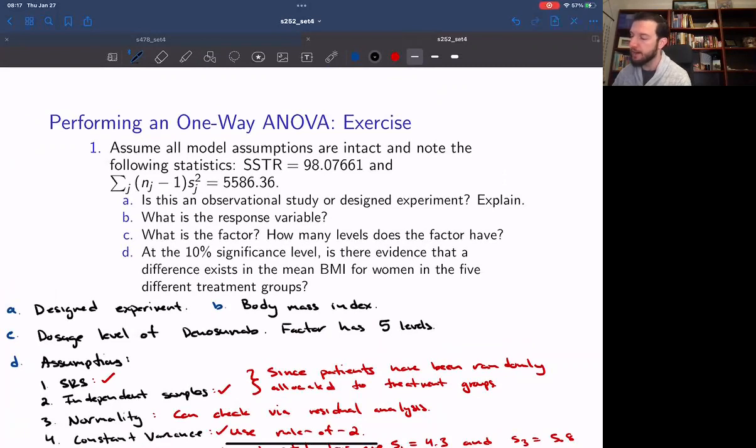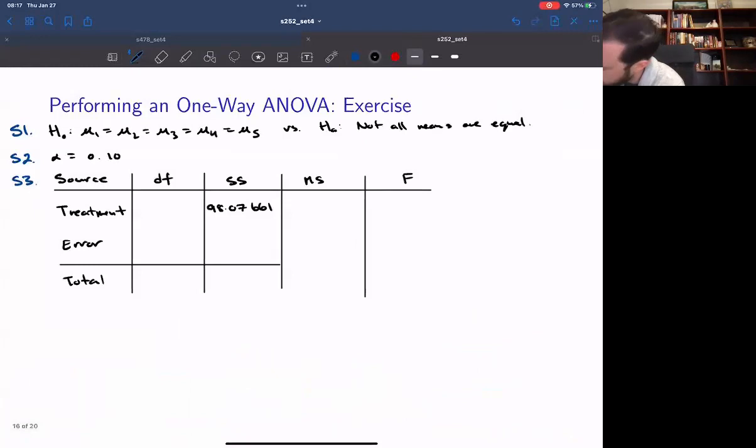So this value here, 5,586.36, that is the sum of square error. Right. Okay, so adding these two numbers together will give us SS total, 5684.437.